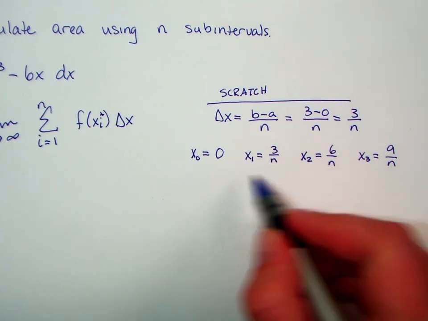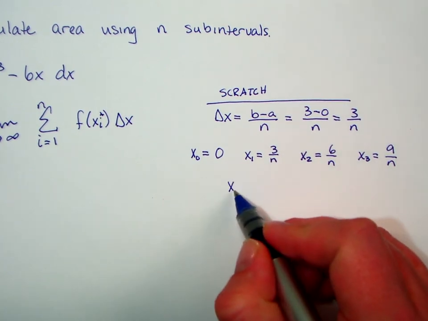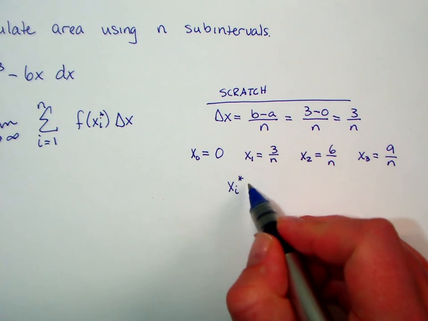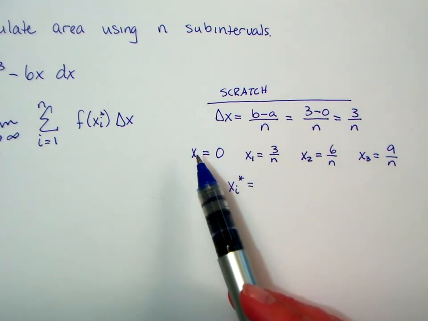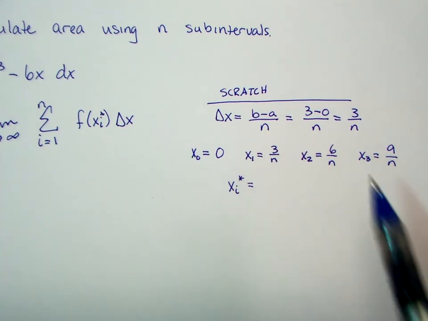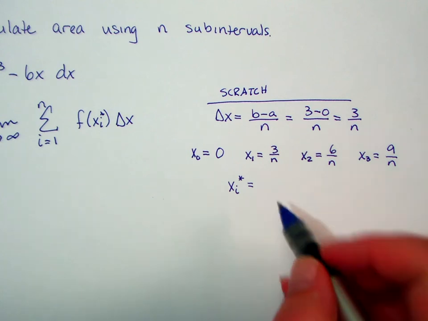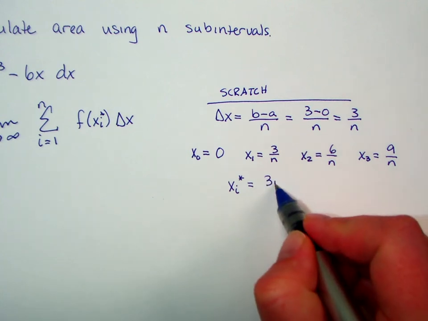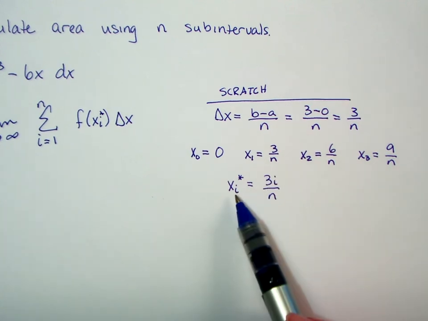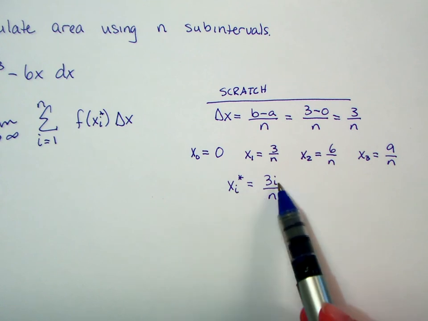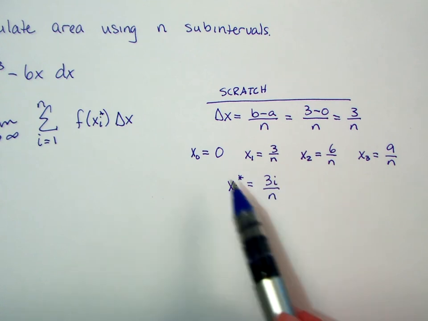So using this pattern, right, what is x sub i? Each time we're starting at 0 and we're adding 3 over n. So the pattern then would be 3i over n, right? So if I had x sub 0 star, I'd plug 0 in and I would get 3 times 0 over n, which is 0.